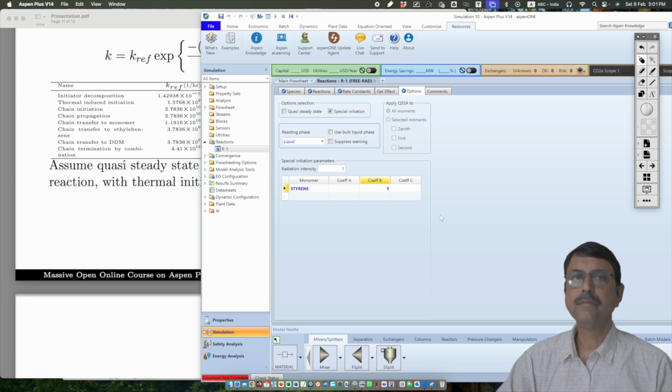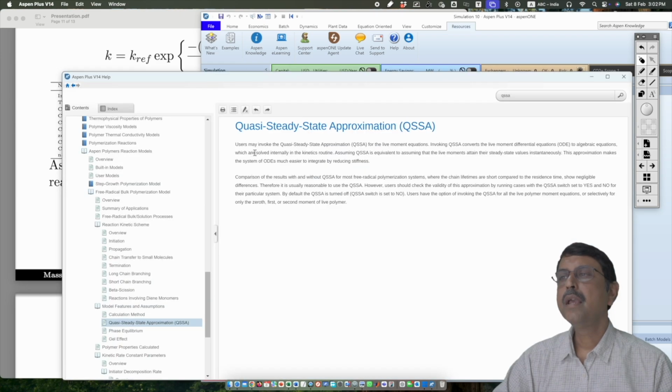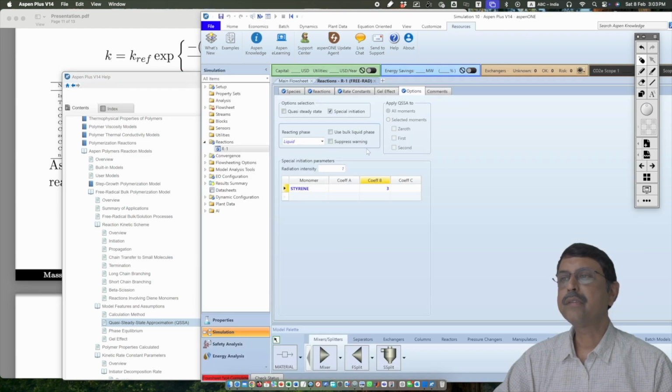That's all. And what is the quasi-steady state option? Users may invoke the quasi-steady state approximation for a live moment equation. Invoking QSSA converts the live moment differential equations to algebraic equations. So that is the quasi-steady state approximation.